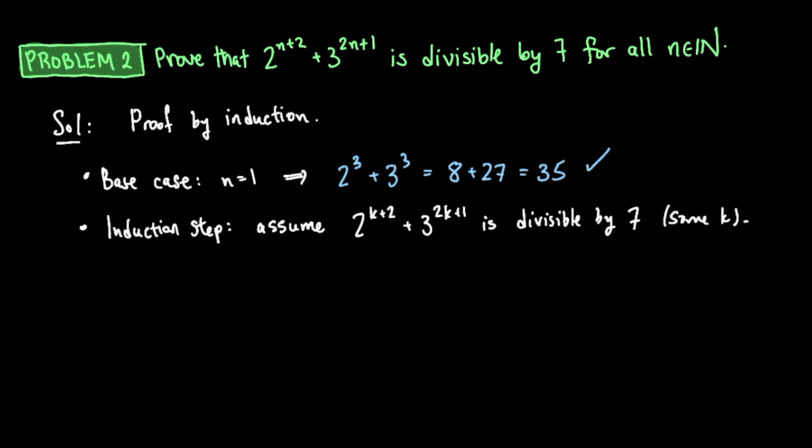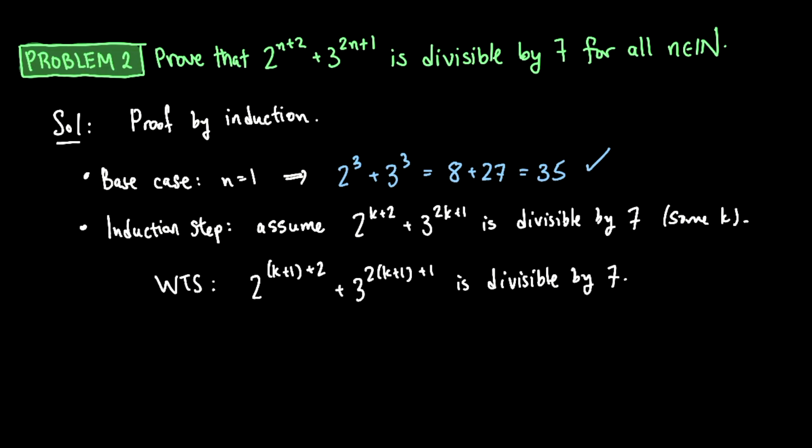And what we want to show is that 2 to the k plus 1 plus 2 plus 3 to the 2, where I replace the k with k plus 1, so 2k plus 1 plus 1, is also divisible by 7. Okay, so that's what I want to prove.